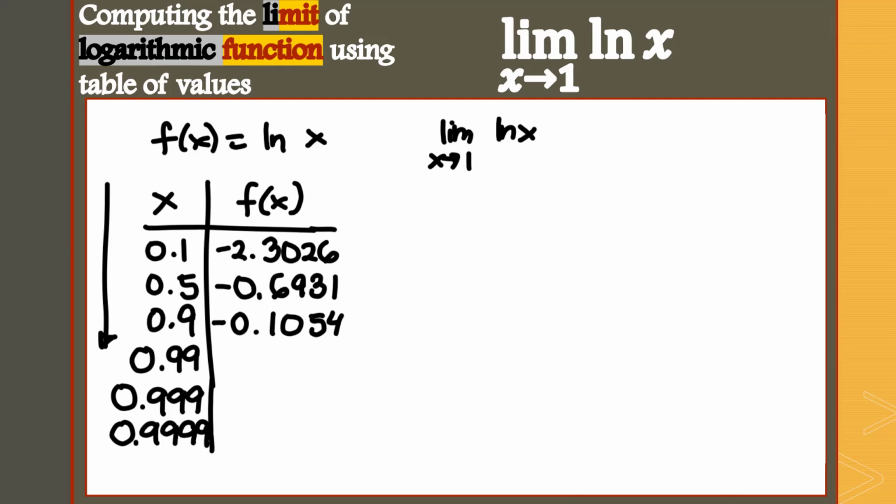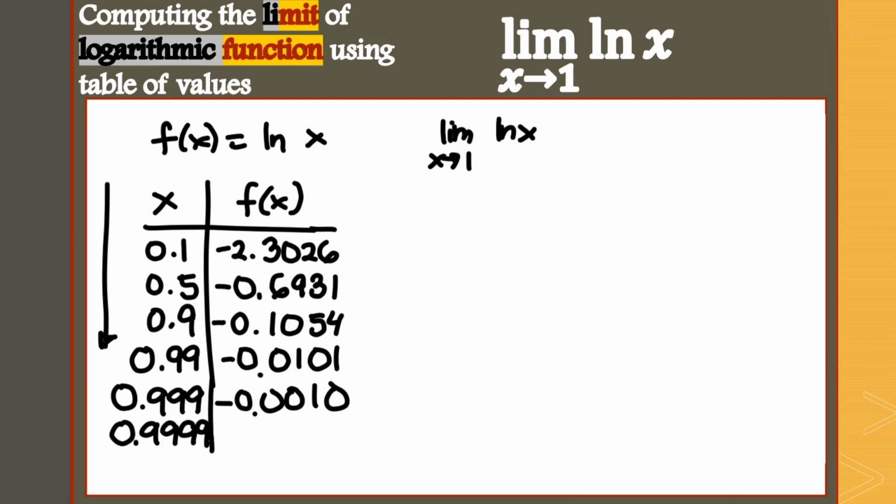Again, you can use your calculator here. For 0.99, you have negative 0.0101. As you move to the next value, you will have negative 0.0010.